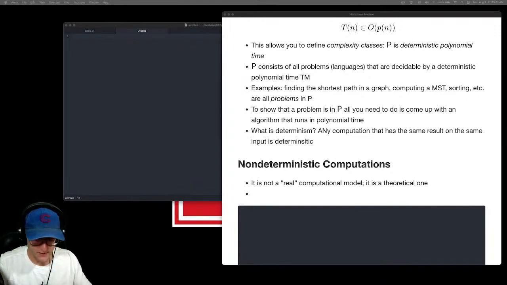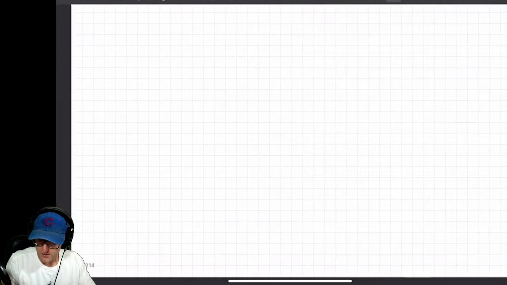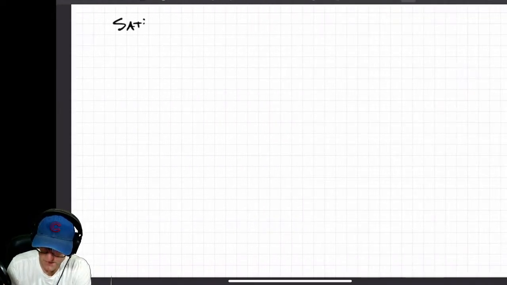So to give you an idea of this, I'm just going to provide a visualization. Let's go back over here, and remember satisfiability, or SAT for short.